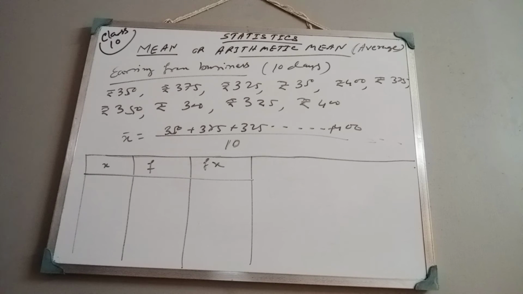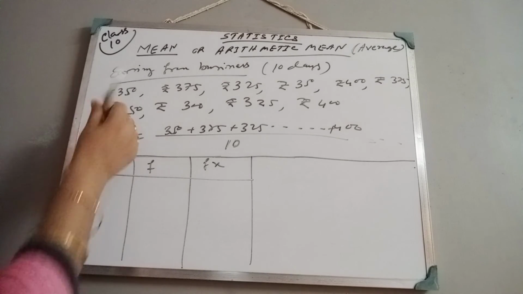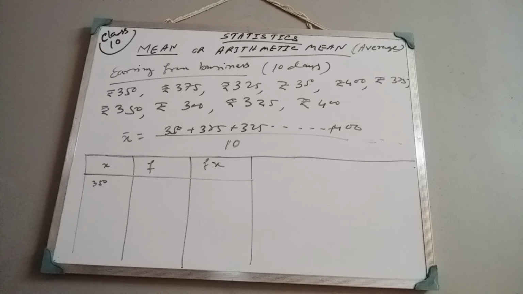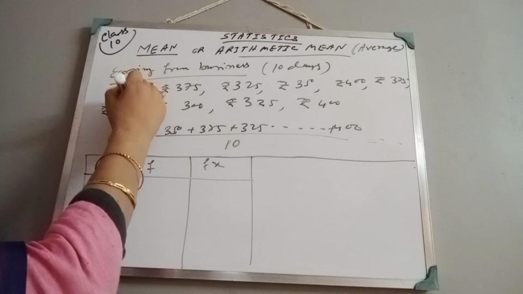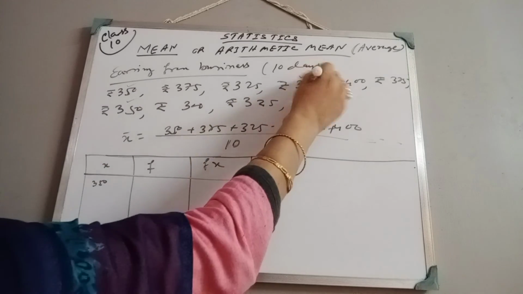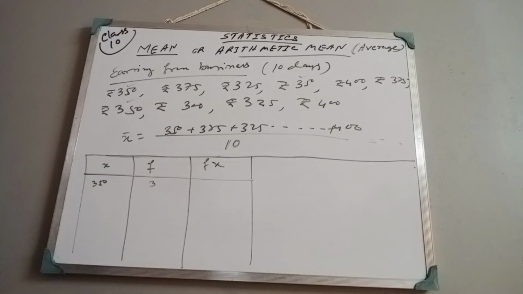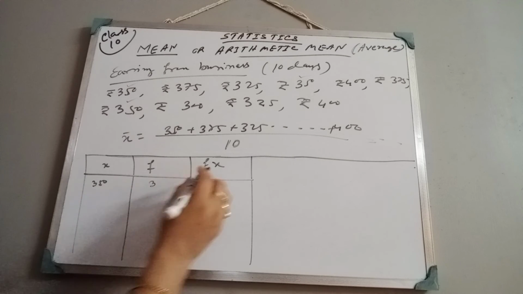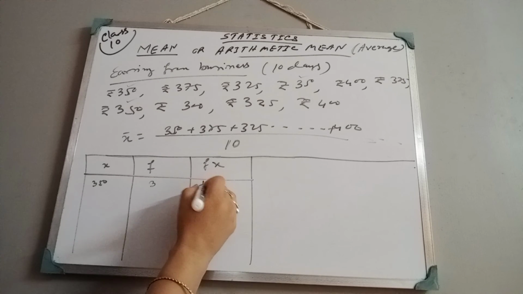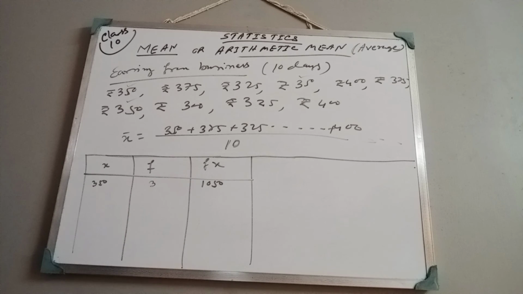Now we have to find the weighted average. For 350, how many days have they earned 350? 1, 2, any other days? 3. That means the frequency of 350 is 3, so f into x will be 350 into 3, which is 1050.